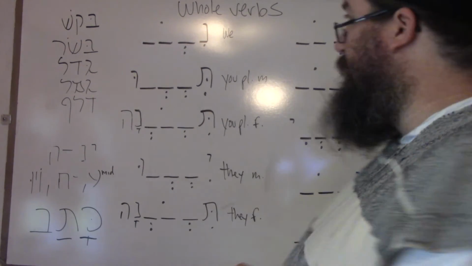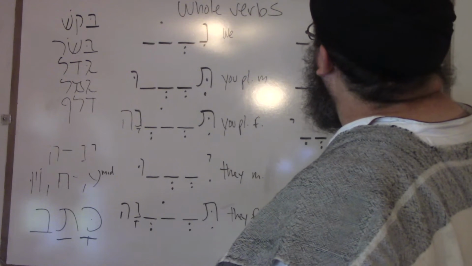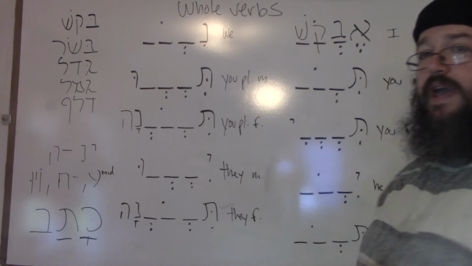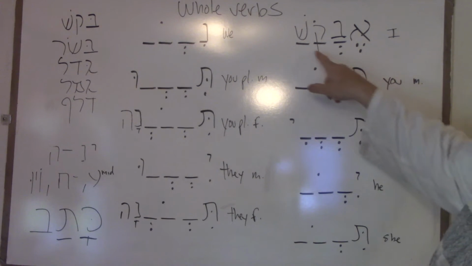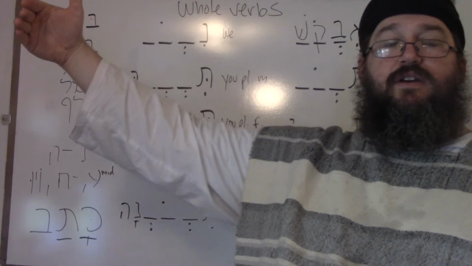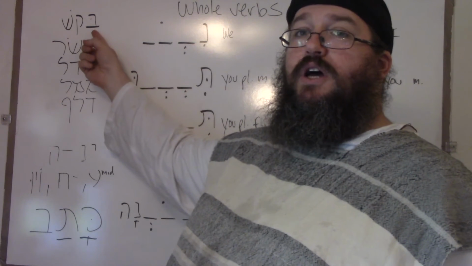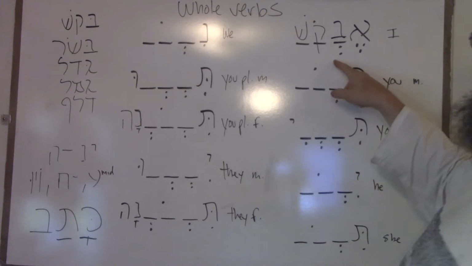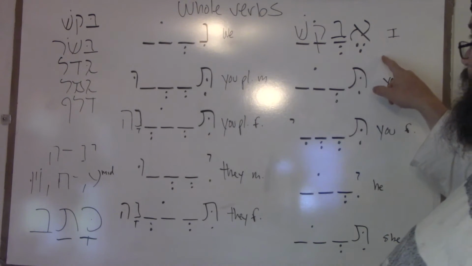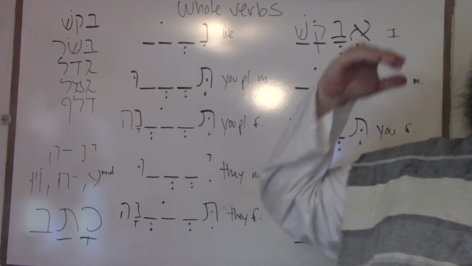I will take my roots, bet, kof, and shin, and what do I have? I have avkosh. Avkosh. I will seek. It's that simple. We're taking the root letters, putting them inside the vowel points that are already existing in the chart, and now we're able to pronounce the word in the future tense. Avkosh. I will seek.